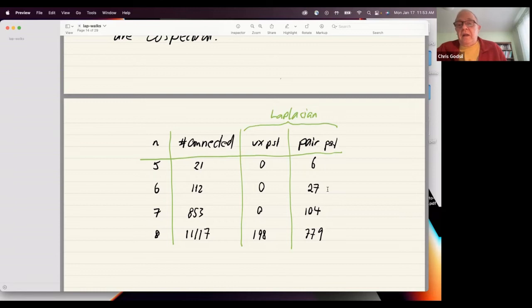And here are the corresponding figures for pair state transfer. It's a limited amount of data, but it seems to indicate that, at least on small sizes, there's a lot more pair state transfer going on than there is vertex state transfer. And so this could justify the decision to actually look at what's going on in these cases. Again, this shows we have lots of examples of pair state transfer.